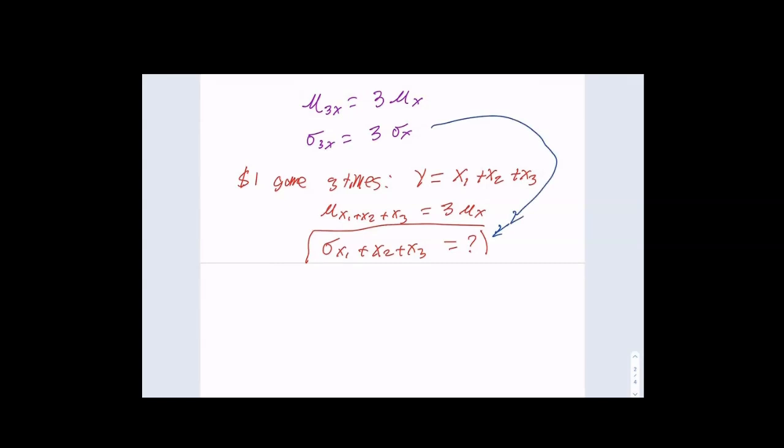Do you think you're going to have more variability, less variability, or the same variability? And I hope none of you say the same, because I said it's a little trickier. What do you think will happen to the standard deviation? Do you think it's going to get bigger or smaller?